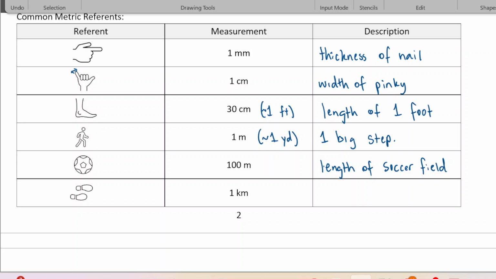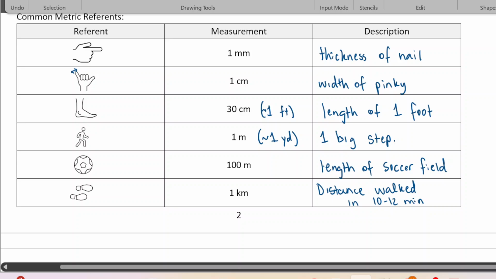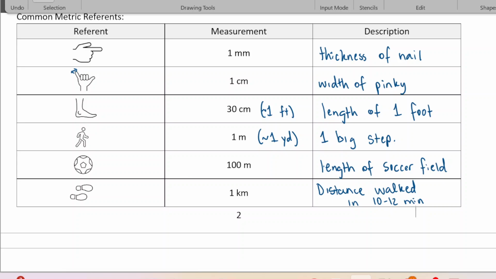A good reference for that is the distance you can walk in about 10 minutes if you're a reasonable walker. If you're a bit slower, maybe 12 minutes. Okay, but that's 1 kilometer. Or you're taking 1,000 large steps. Okay, good. So try those out, see if they work for you.